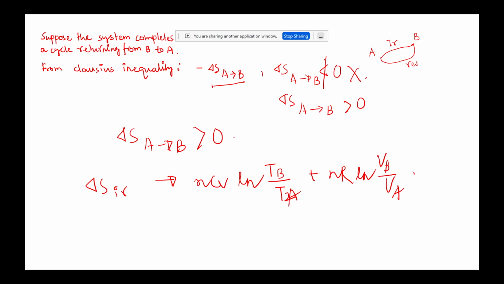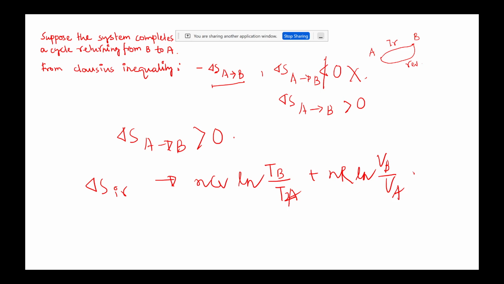So this thing I want to repeat again. The Clausius inequality tells that for the case of B to A, if we add the entropy for the infinitesimal path, that cannot be positive, because the heat is flowing from cold to hot.